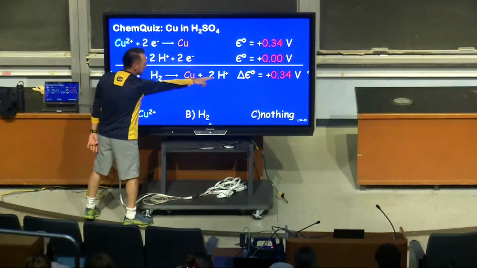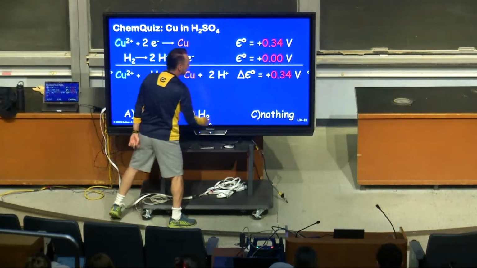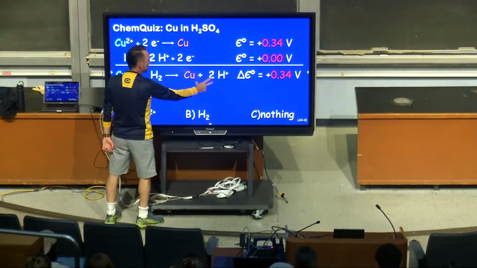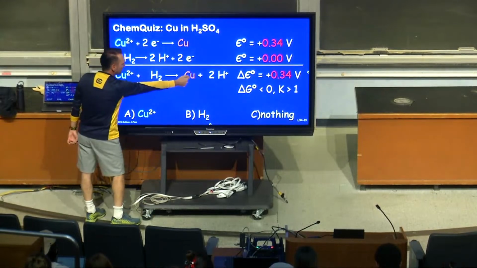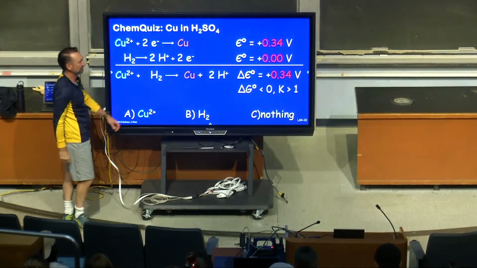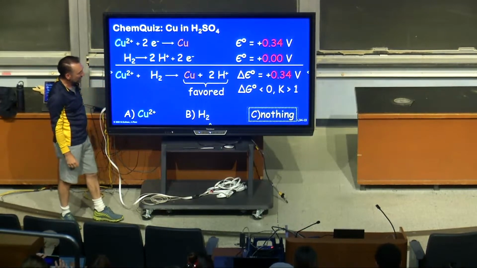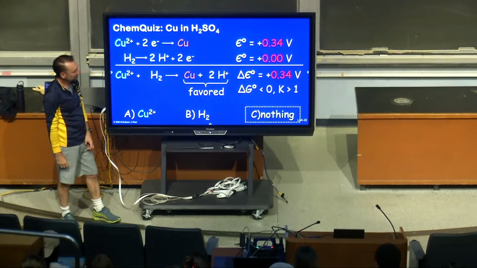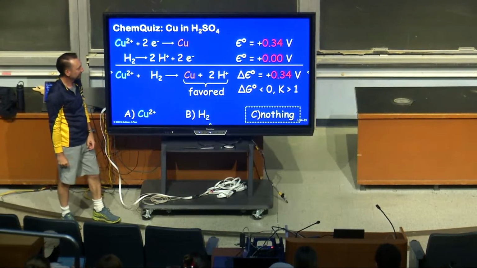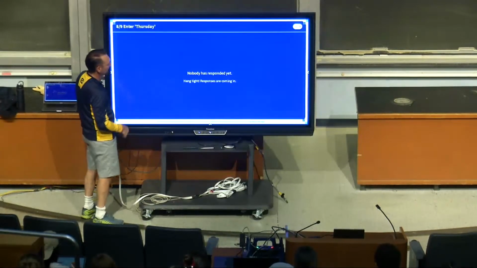So it's spontaneous going that way, delta G negative, because the voltage is positive. These are the two things you have, and that number tells you it's not going to go back this way. So it's going to stay like that. Those are already the favored state, and nothing happens. If you mix those two things together, boring.